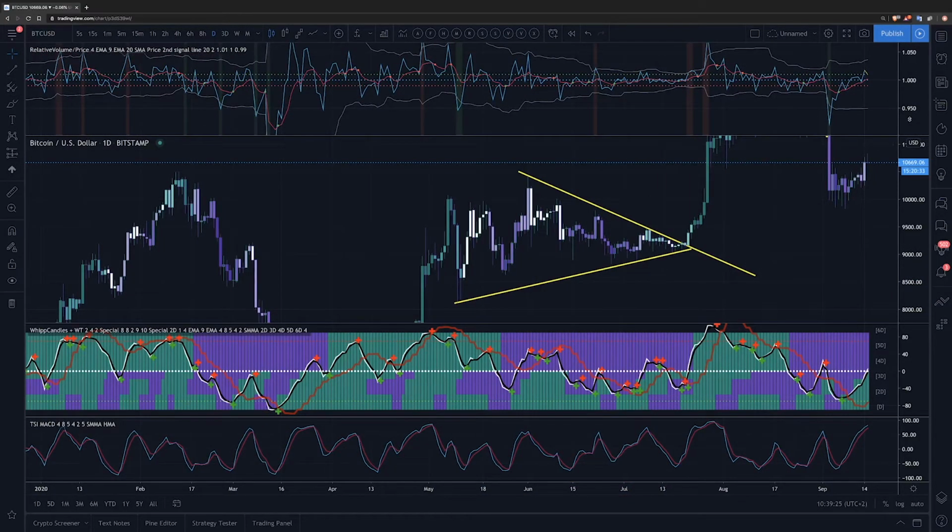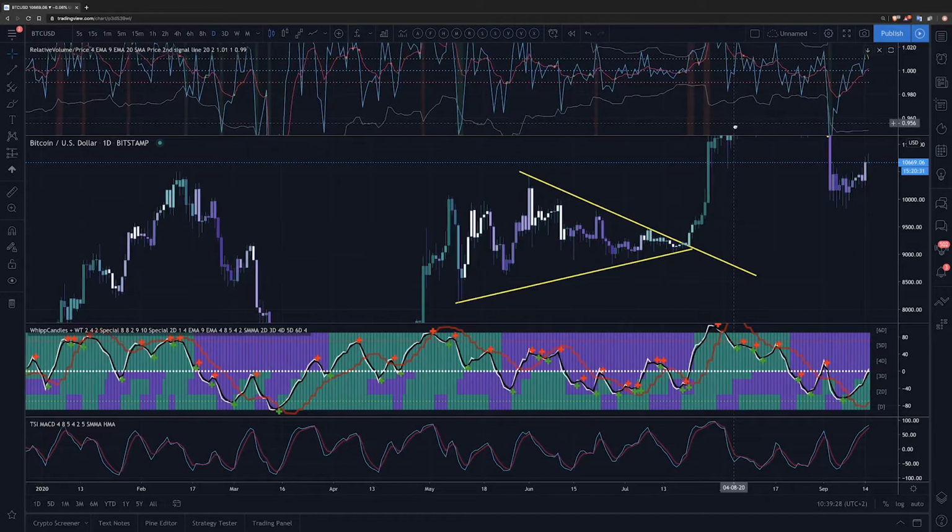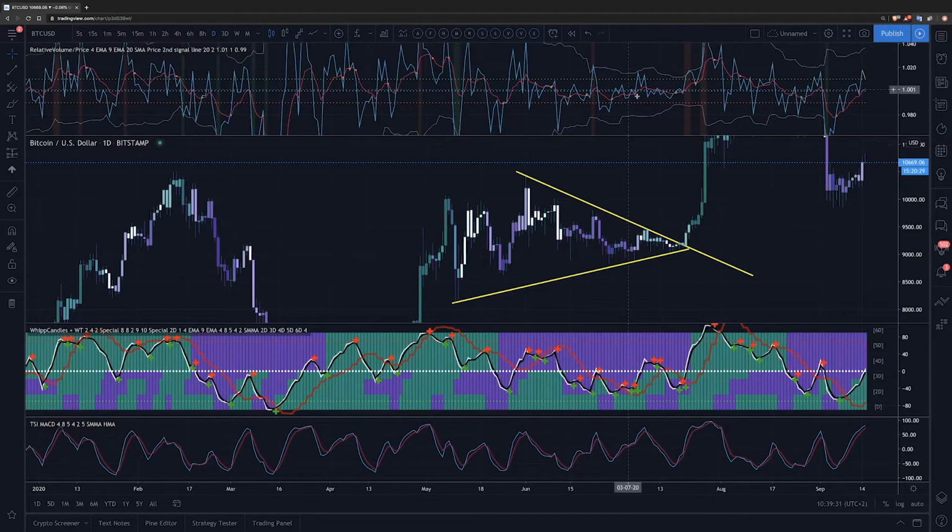And if we use context of our other indicators, relative volume price is creeping up. Here was the final push down. The volume compared to the price at that time was really strong down. So people were trying to push the market down, failed, and we have a breakout.